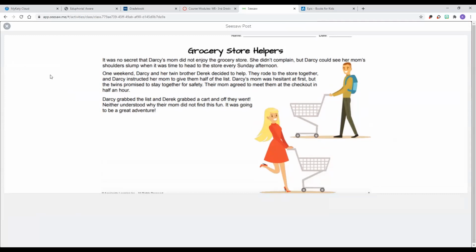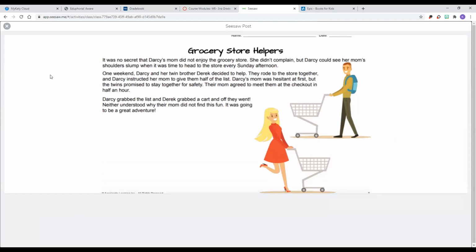So it was no secret that Darcy's mom did not enjoy the grocery store. She did not complain, but Darcy could see her mom's shoulders slump when it was time to head to the store every Sunday afternoon. One weekend, Darcy and her twin brother Derek decided to help.